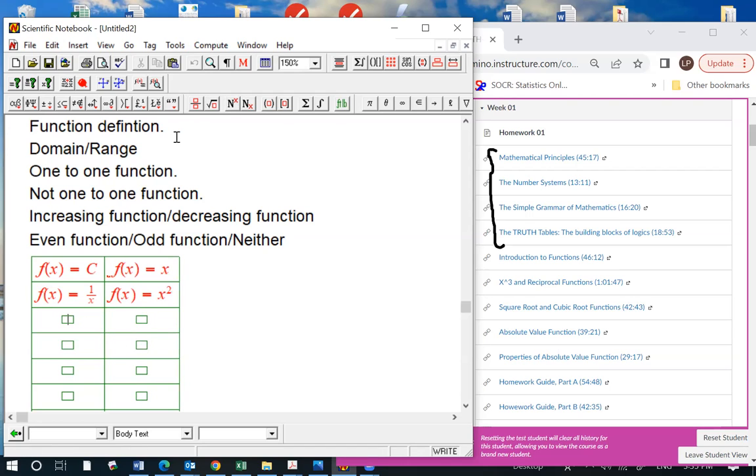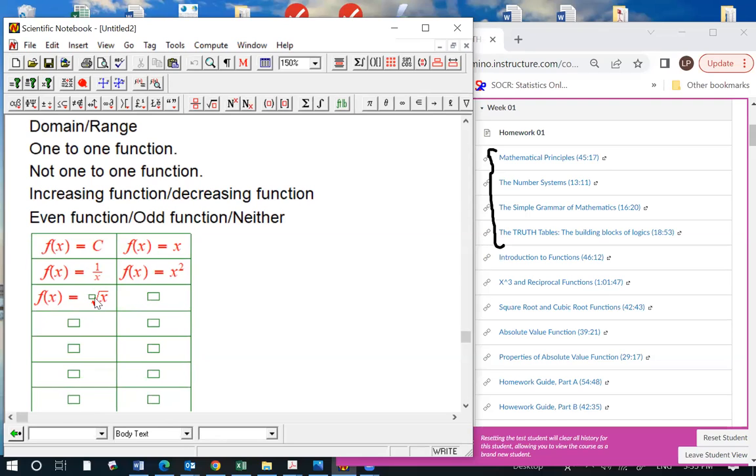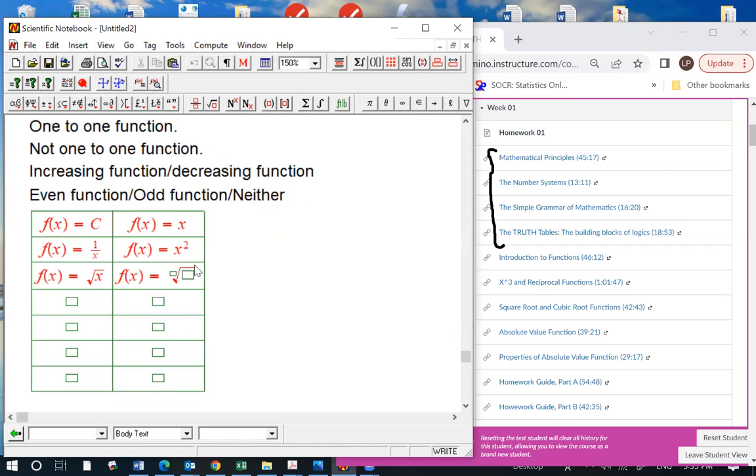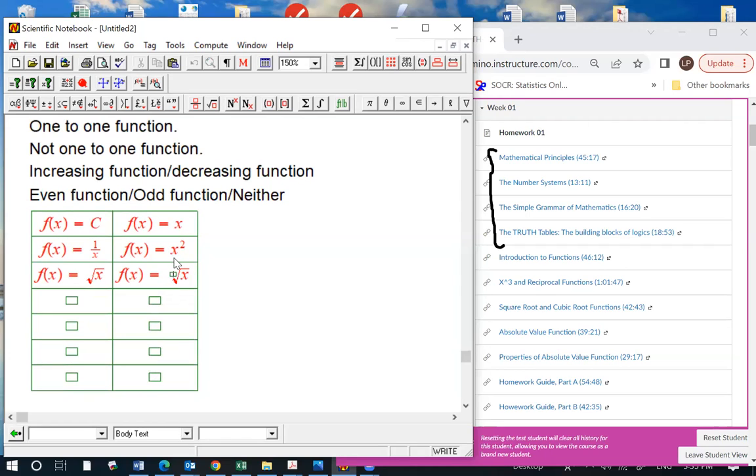And the function which is square root of x, and all these different rules. We talk about their domain, range, graph.